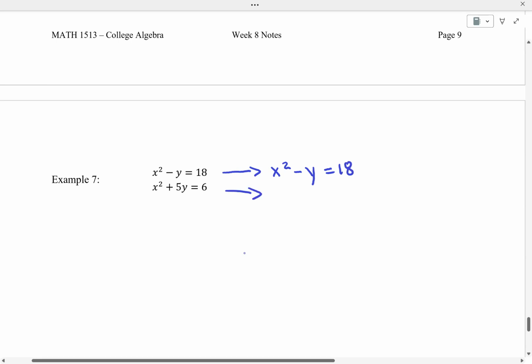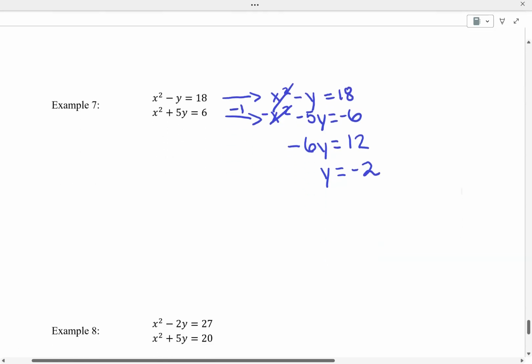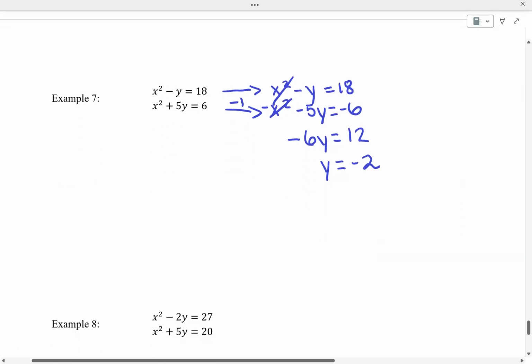So let's keep the top. And let's multiply the bottom by that negative 1 so that they will cancel. So we're going to have negative 6y equals 12. So y equals negative 2. Okay. So let's just do the top one.